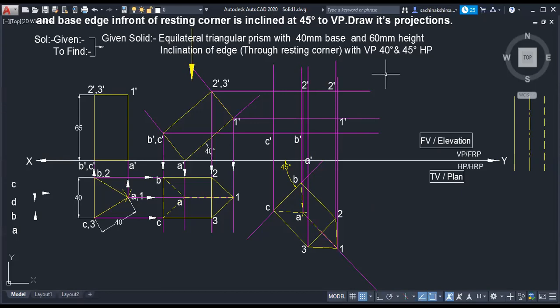Okay. Have you looked at it? A dash, B dash, C dash, 1 dash, 2 dash, 3 dash. Now only we have to join, nothing else. Are you getting what we have to do?